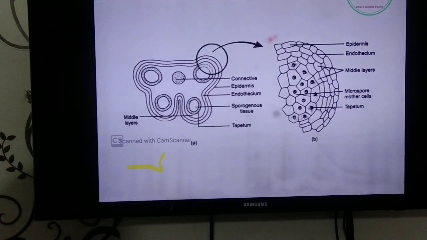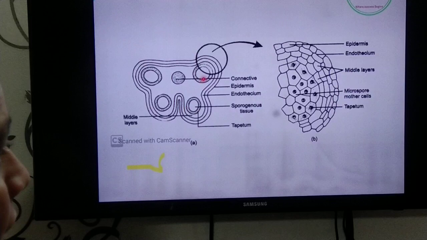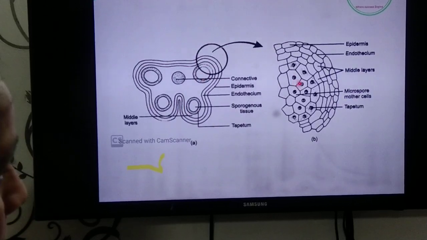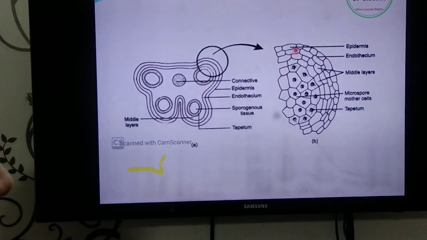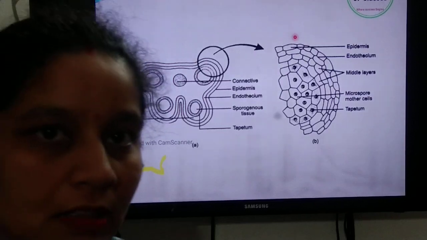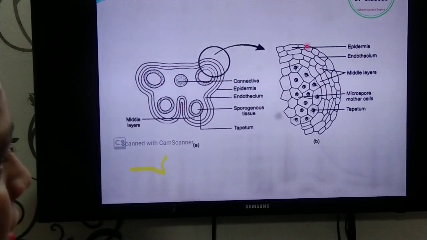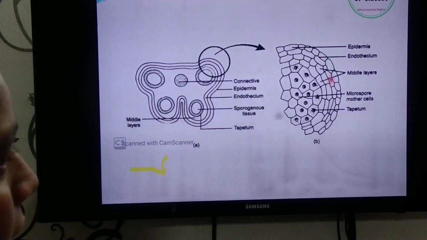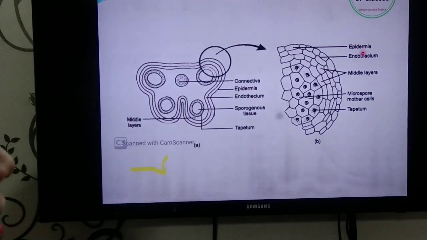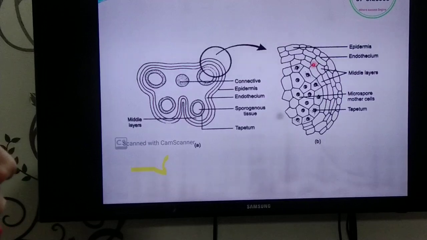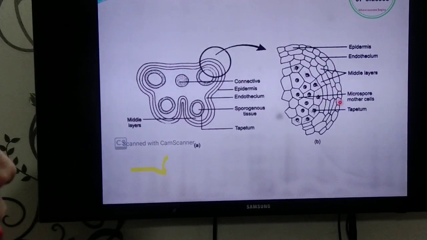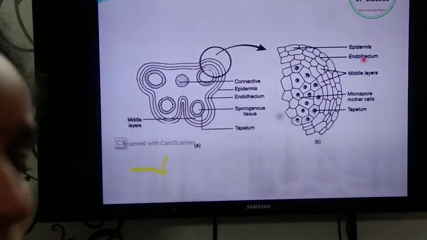Now I am taking this single pollen sac and explaining the whole structure. The pollen sac comprises 4 layers. The outer one is known as the epidermis. This single layer is the epidermis. Inner to it lies a single layer of closely compact cells, known as your endothecium.